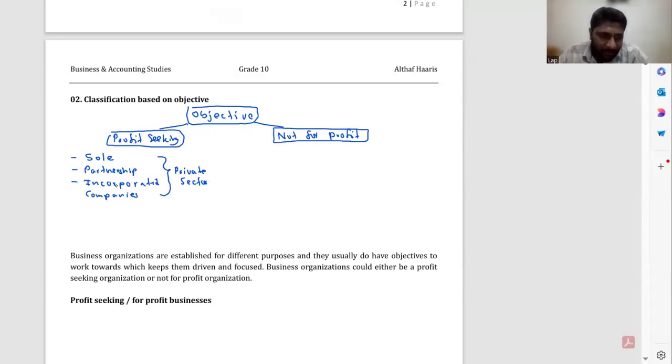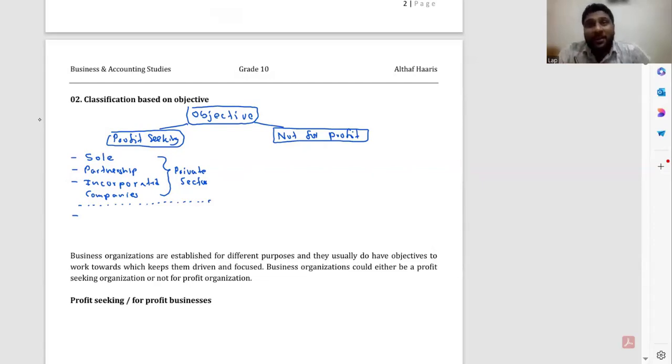Now let's see certain profit-seeking businesses from the government sector or public sector. Even government businesses are there that operate in order to make profits. Even you may not know.